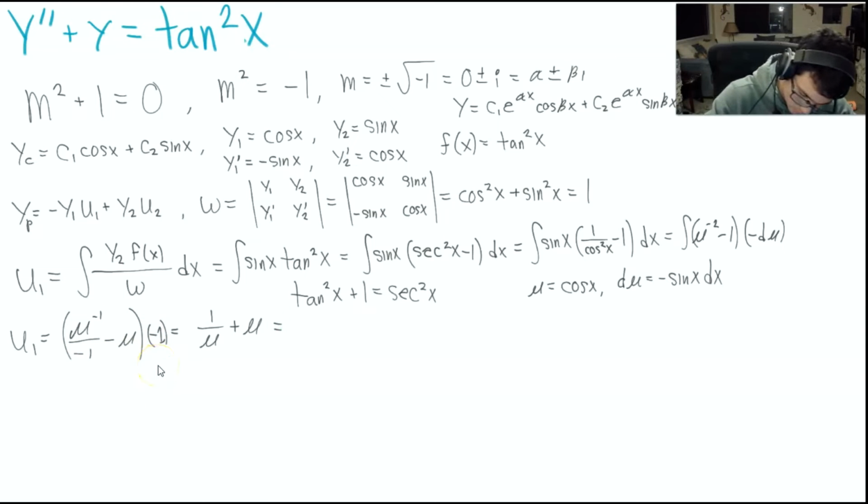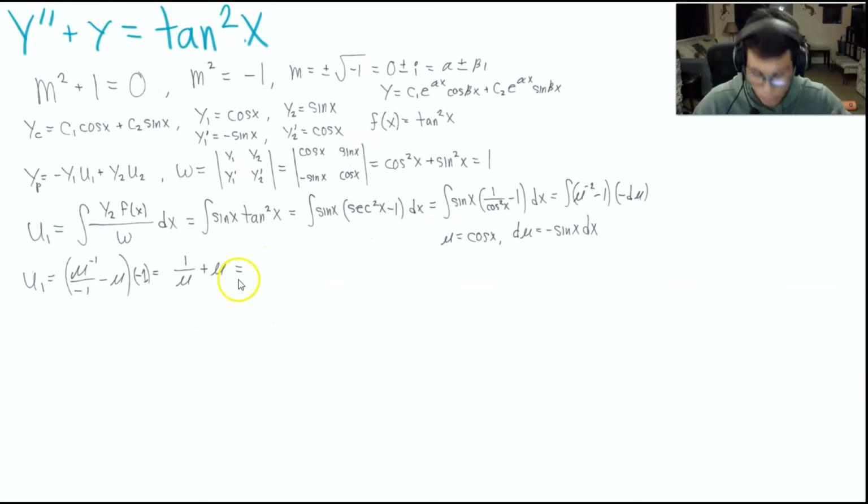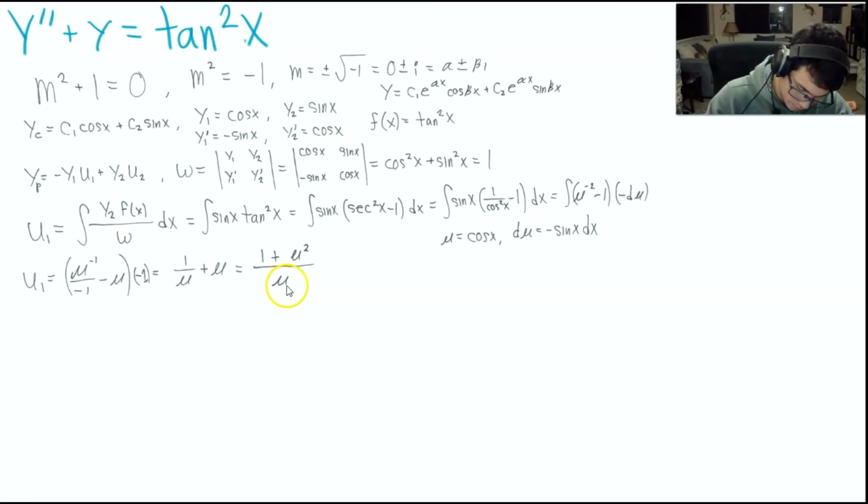So I'm going to erase this identity because I need more space. Okay, now I have more space. So we could write this as 1 plus mu squared over mu. Okay, and mu is equal to what? Well, mu was equal to cosine x.